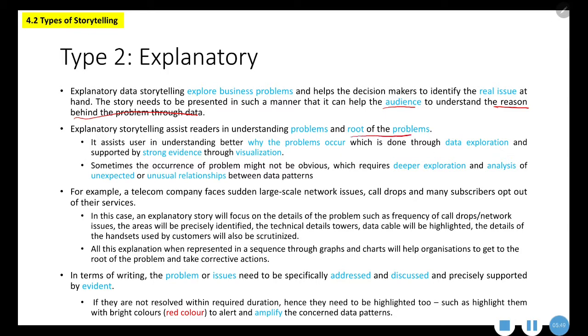The root of the problems. It assists the user in understanding better why the problem occurs, which is done through data exploration and supported by strong evidence through visualization. So we want to discover why there is a shortage of water supply in Selangor. It has been happening over and over again.